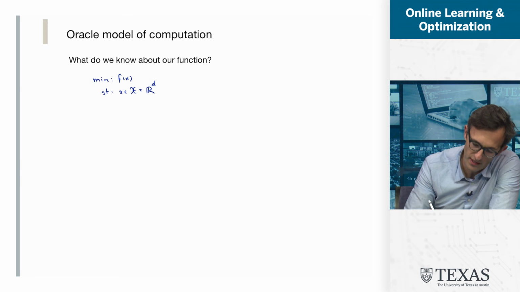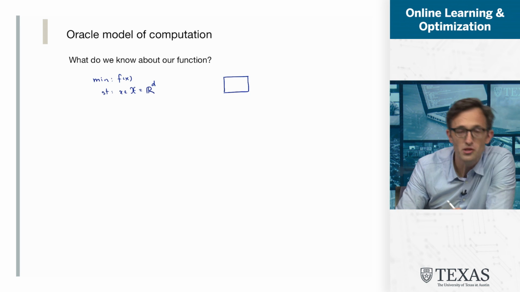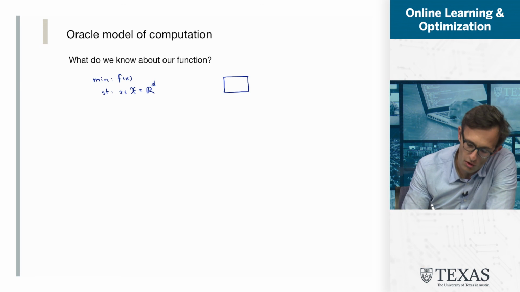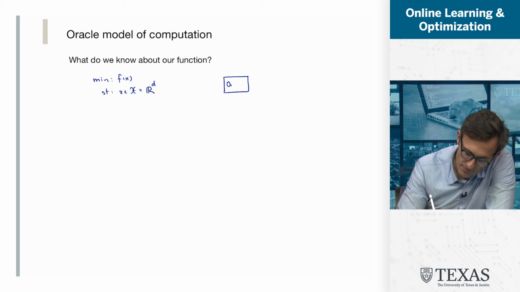So in other words, we can think about this as though we don't actually know our function f at all. All we have access to is something that I'll call an oracle.